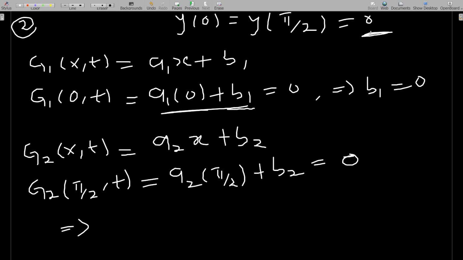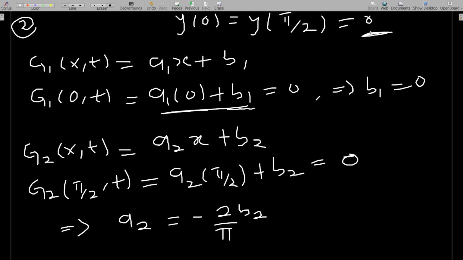So this implies that a2, or you can say b2, I can make any of these the subject, but let me make a2 the subject. a2 is equal to minus 2 b2 over pi. You can actually do it like that.